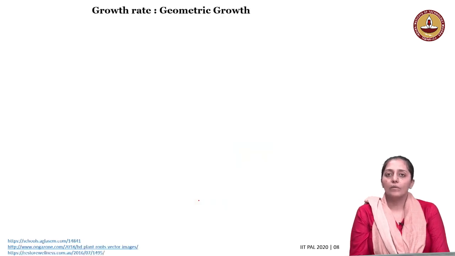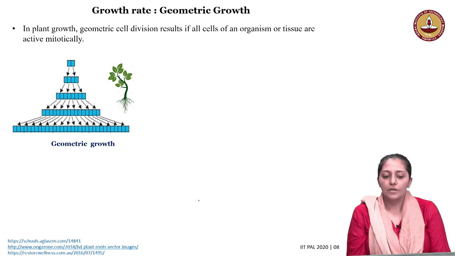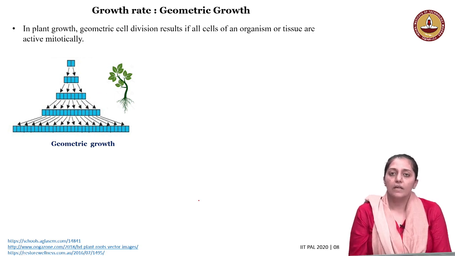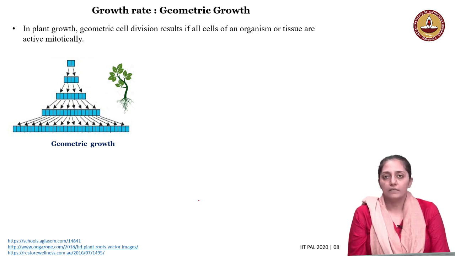Now, let us see how we determine geometric growth. In plants, geometric cell division results if all the cells of the organism or the tissue are active and are continuously dividing via mitotic division.